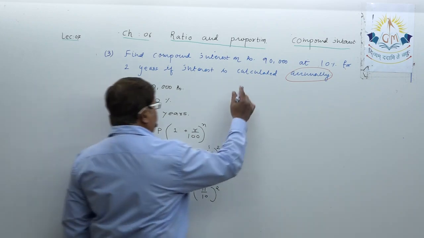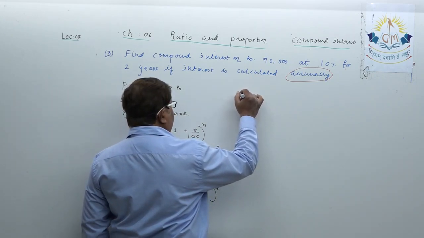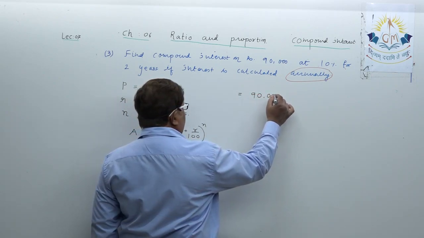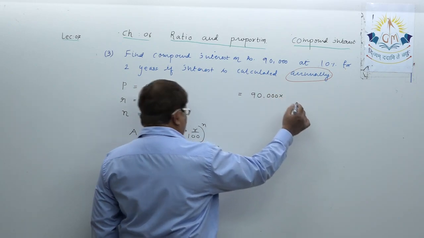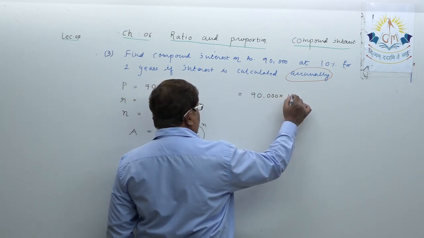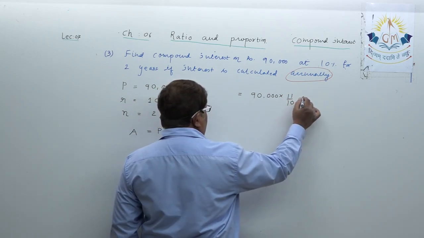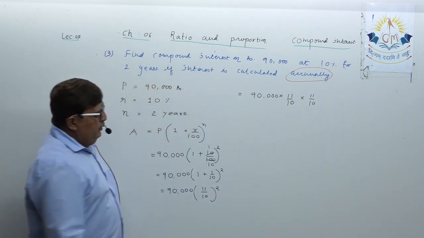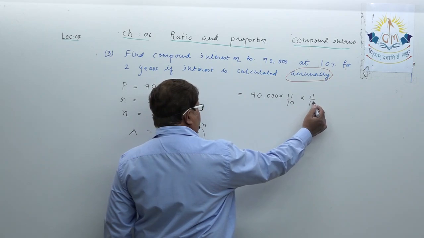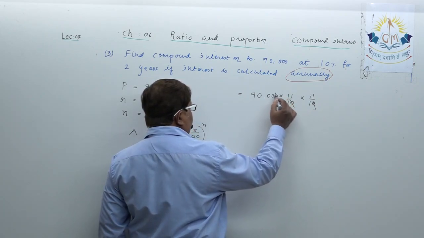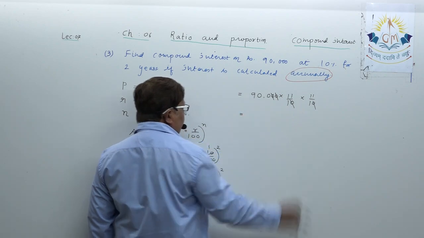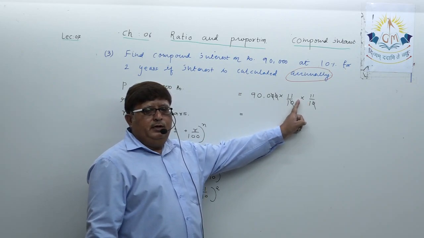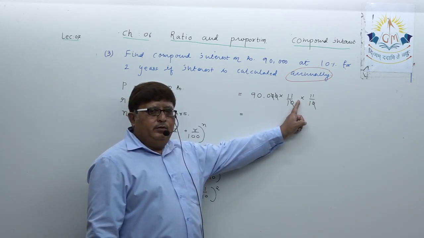Now the further step, dear student, we carry out here. 90,000 into how many times you will write 11 upon 10? Twice, because the power is 2. Okay. Then further cancellation, 2 zeros cancelled. And now simple multiplication. You must be knowing 11 square. 11 into 11.